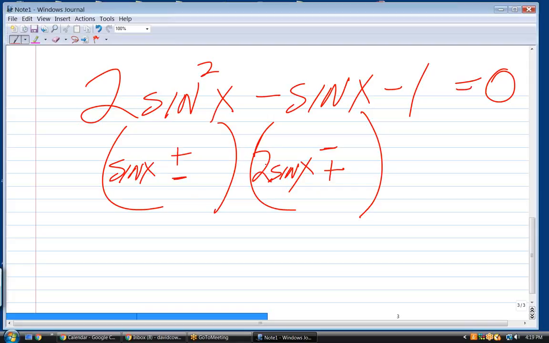Because this coefficient is not the same as this coefficient, plus minus is not the same as minus plus. In other words, I have to allow for a plus minus or a minus plus. Now, there's not very many factors of 1. So we'll just try that. Does that work?